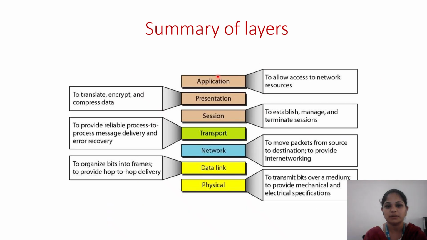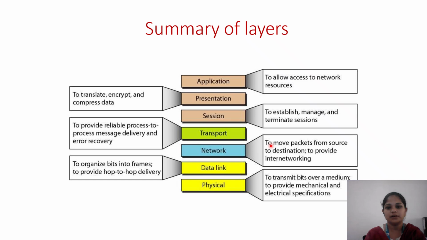The next one is a summary of the layers. The application layer allows access to network resources, whereas the presentation layer translates, encrypts, and compresses data. The session layer establishes, manages, and terminates connections. The transport layer handles process-to-process message delivery and is also useful for error recovery.